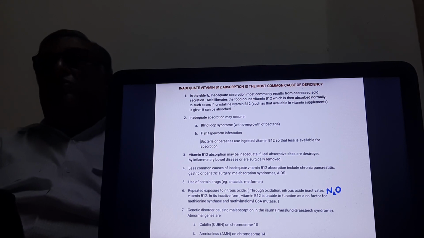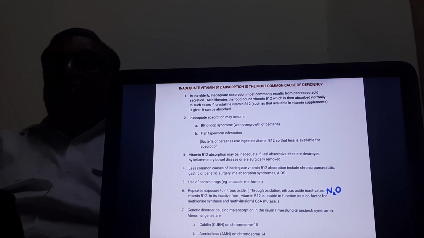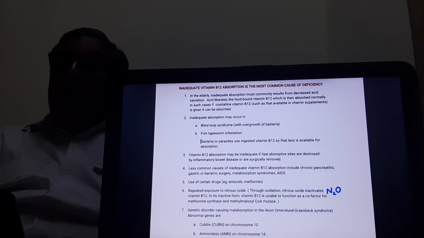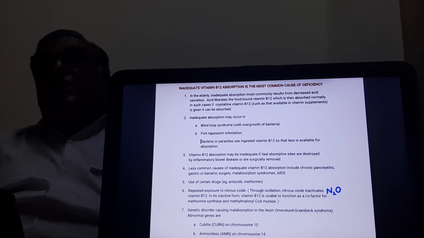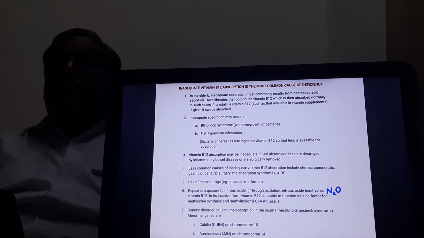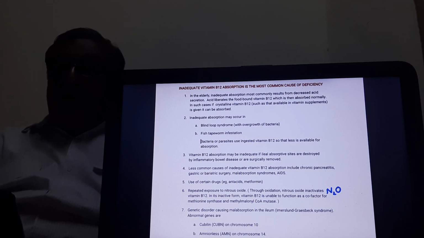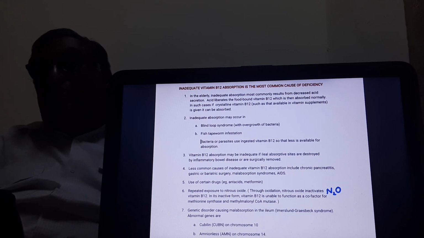If I try to gist it, it can be due to decreased acid production in the case of the elderly, and antacids for the same mechanism if they are taken chronically. Then there can be blind loop syndrome, there can be fish tapeworm, then there can be a problem with the ileal absorptive sites in the form of tuberculosis, Crohn's disease, and then certain drugs like metformin can cause the problem.